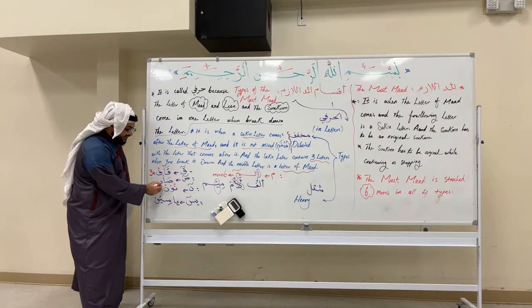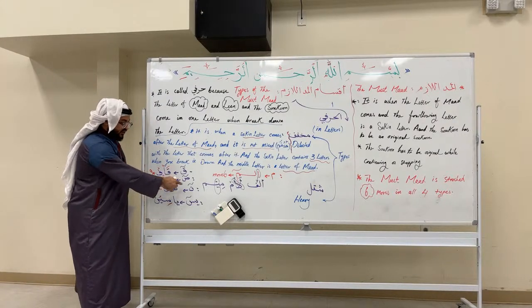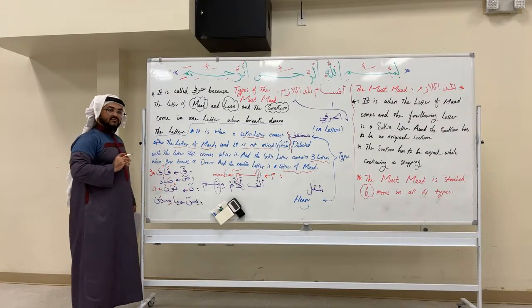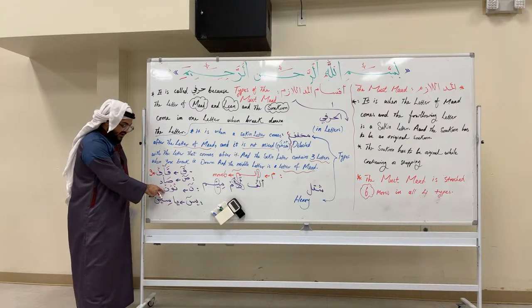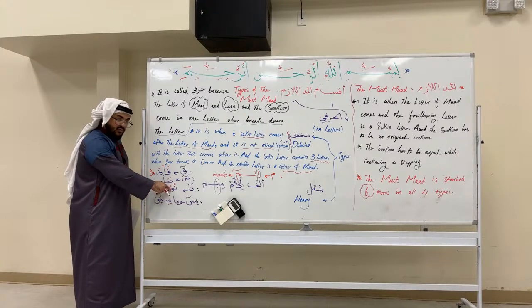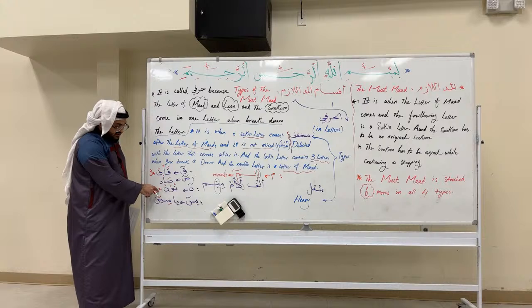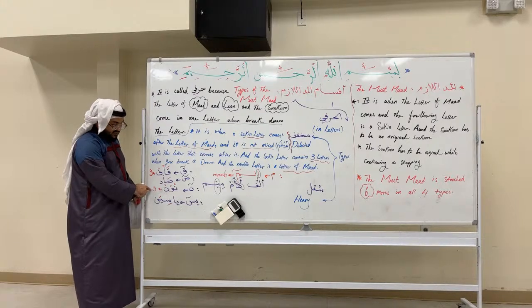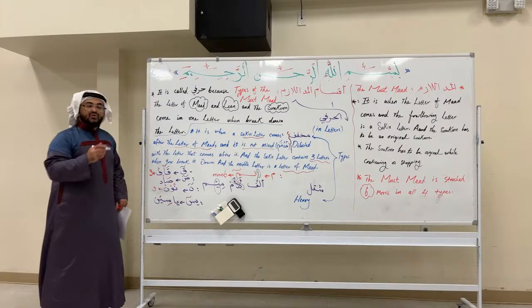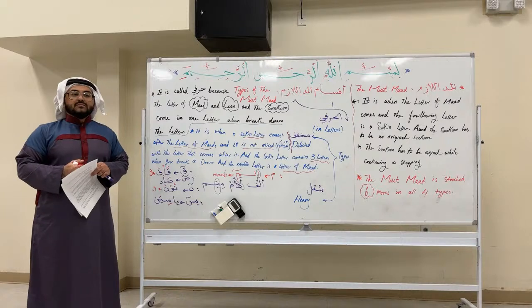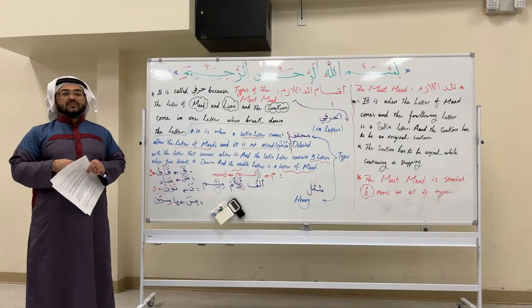Mukhaffaf means there's no shadda in here. You break down the noon into three letters. The last letter, this noon, you don't mix it with the letter that comes after it. You don't say noon qalami wa ma yasturun.